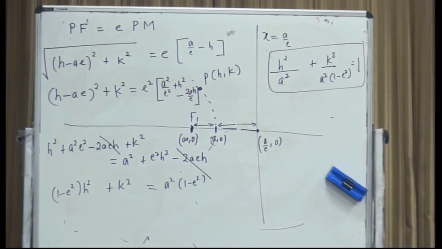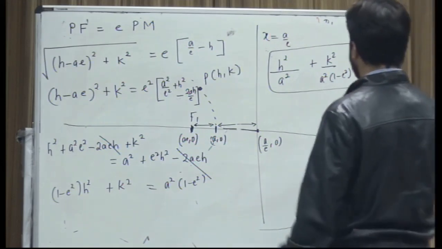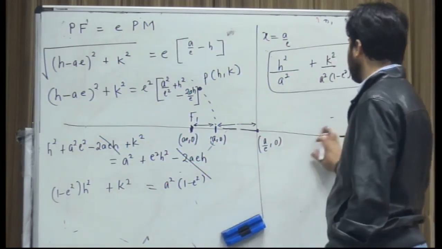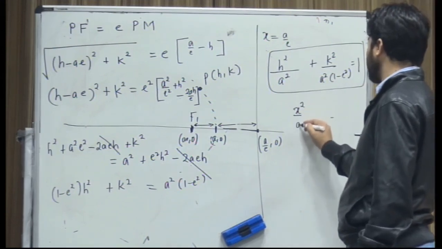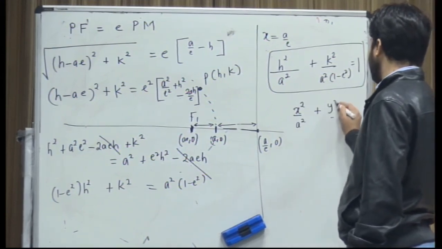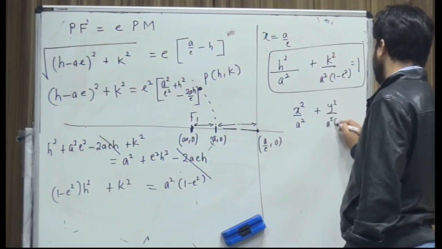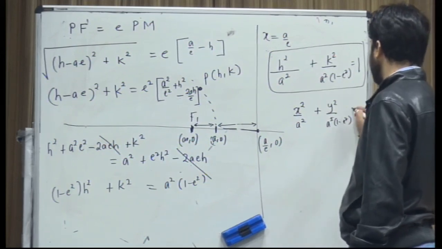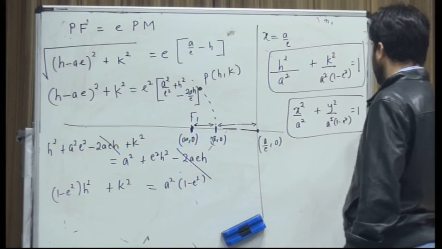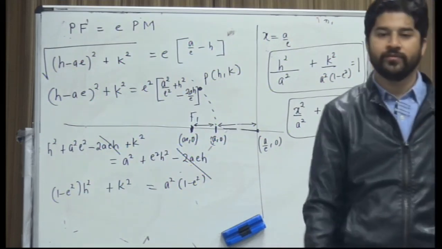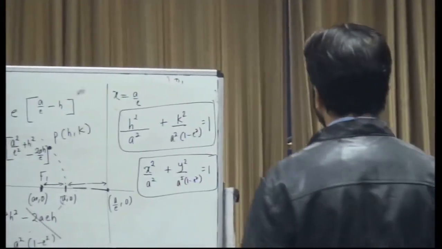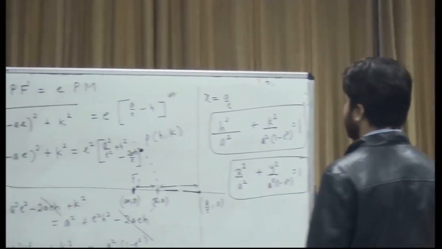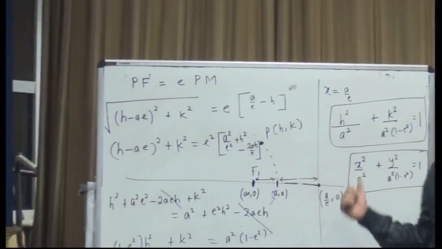Now replacing h by x and k by y, we get x square upon a square plus y square upon a square into 1 minus e square is equal to 1. This is the general standard form of ellipse.